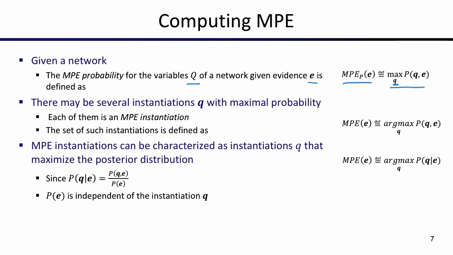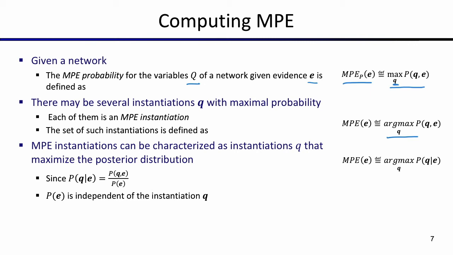The MPE instantiation are the values of the variables in the query. So in this case here, we're going to define the MPE instantiation as the argmax. So I'm interested in what are the instantiations for Q that have the maximum probability.